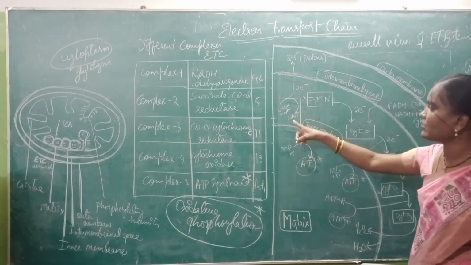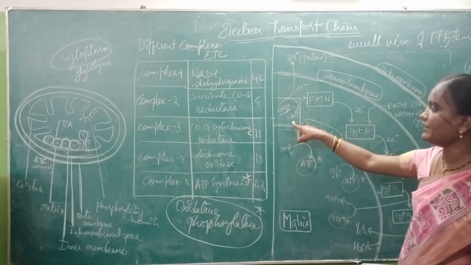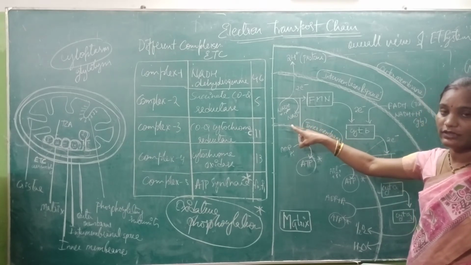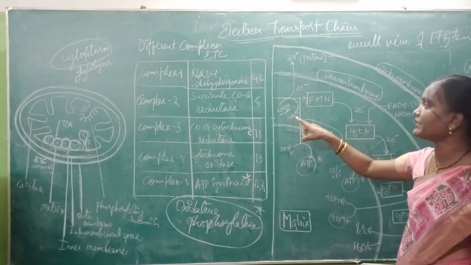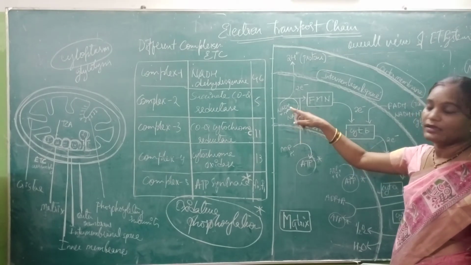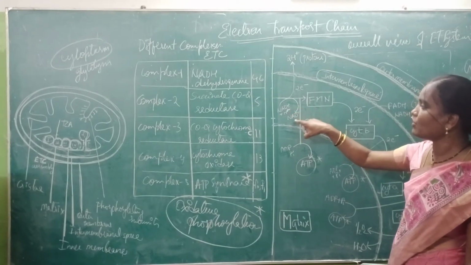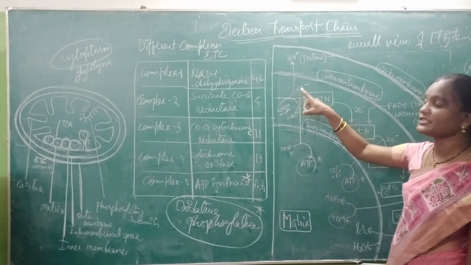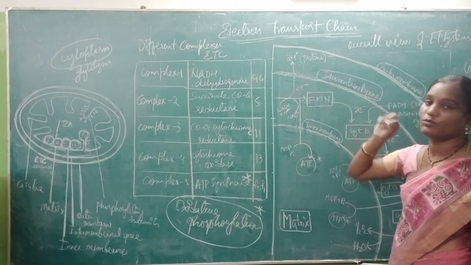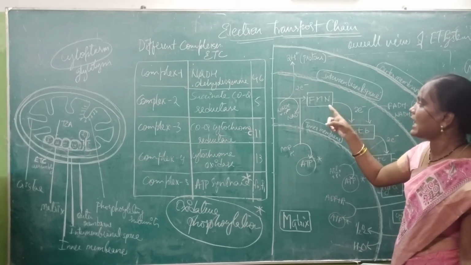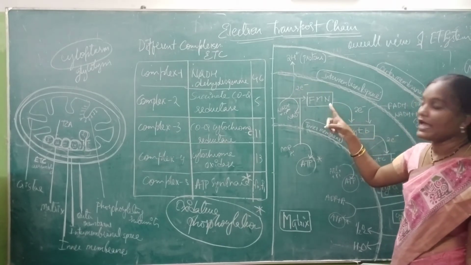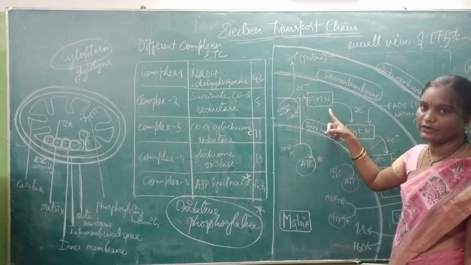The mechanism lying behind this transfer of electrons from one complex to another, you will be learning here. So this is your complex one. This is your NADH molecule that has been released, and this NADH molecule will get oxidized. So during this, what happens? 2 electrons and 2 protons are released. The released electrons are accepted by FMN, flavin mononucleotide.